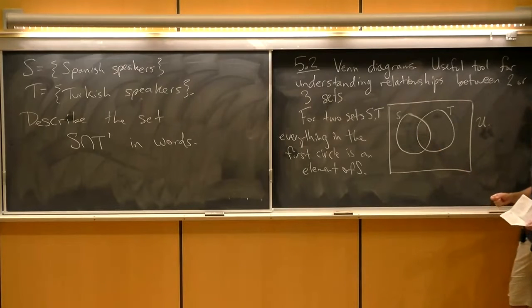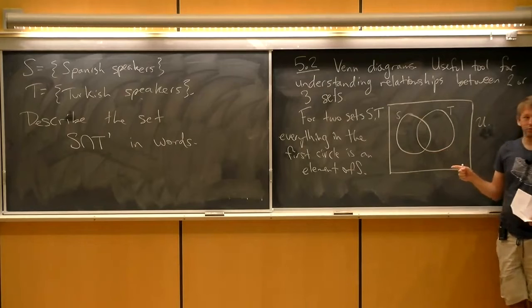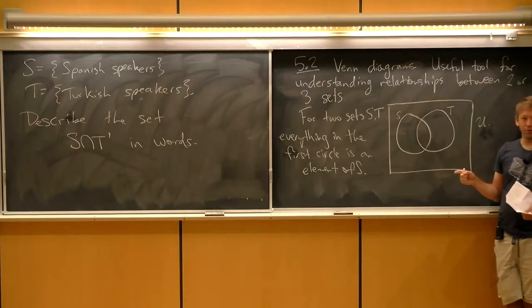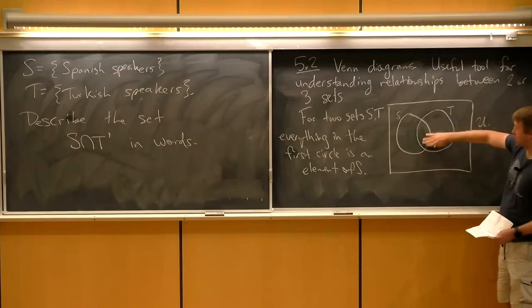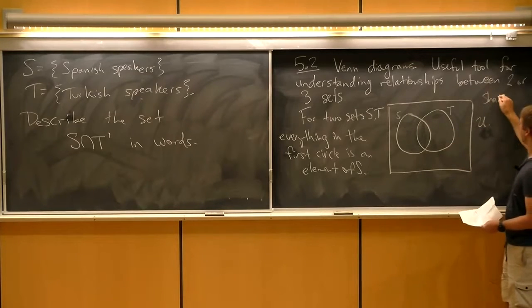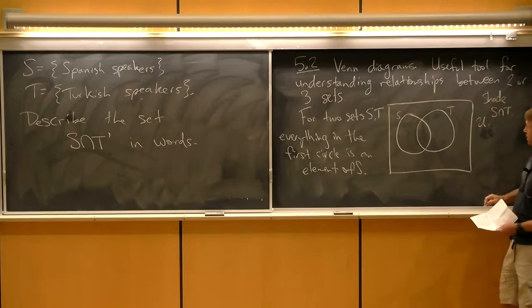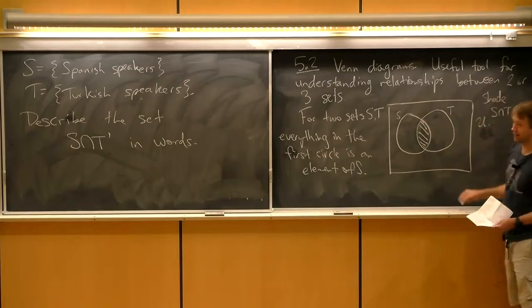Now, in this picture, which region or regions would represent the set S intersect T? Exactly, yeah. So this overlapping region here. If someone says shade in this picture the set S intersect T, what you would do is take this part and shade that in.